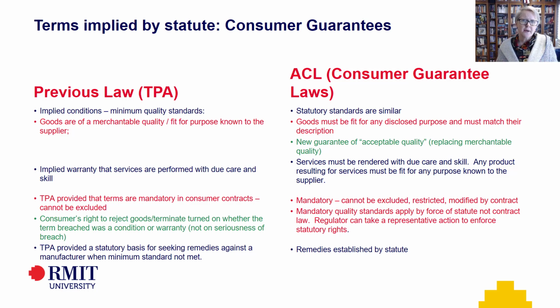The reason I bring it up is the Australian Consumer Law is actually Schedule 2 to the Competition and Consumer Law. The Competition and Consumer Law itself replaced the previous law, the TPA, or the Trade Practices Act. Now, the most often litigated section of any legislation ever in Australia was Section 52 of the Trade Practices Act.